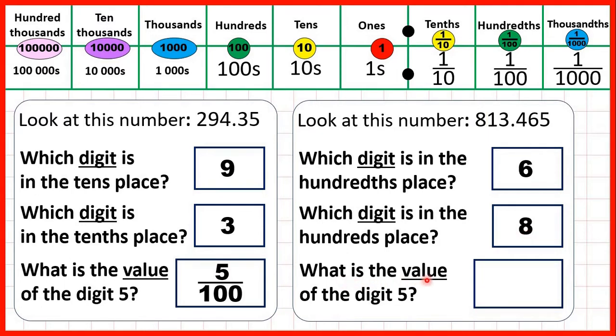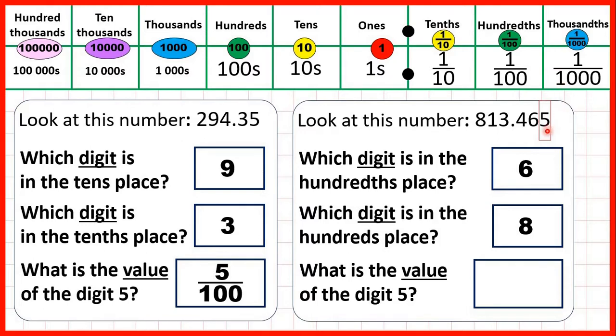Now, what is the value of the digit 5? So, the digit 5 is the third digit after the decimal point, and the third place value after the decimal point is the thousandths place value.